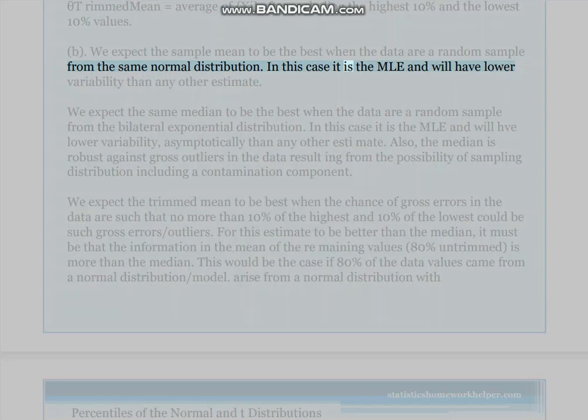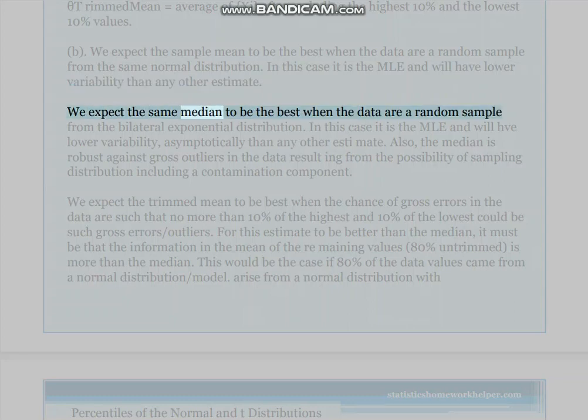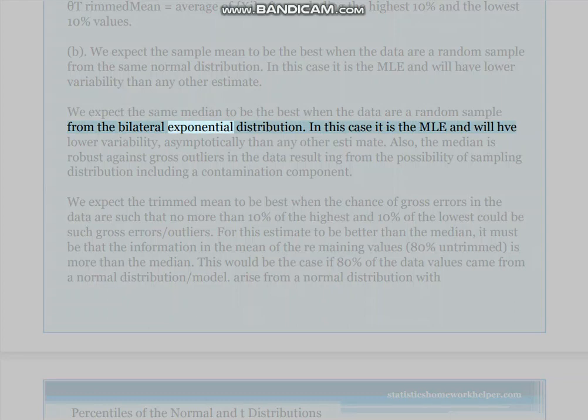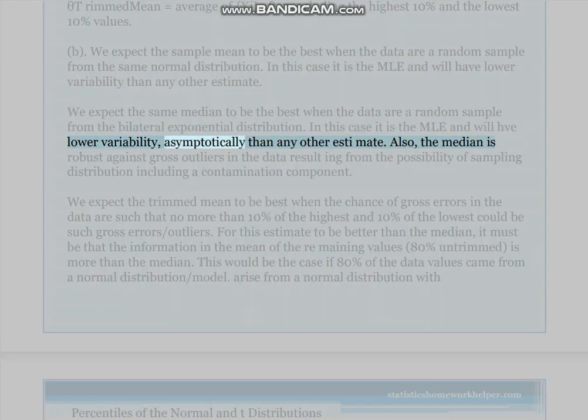In this case, it is the MLE and will have lower variability than any other estimate. We expect the sample median to be the best when the data are a random sample from the bilateral exponential distribution. In this case, it is the MLE and will have lower variability, asymptotically, than any other estimate.